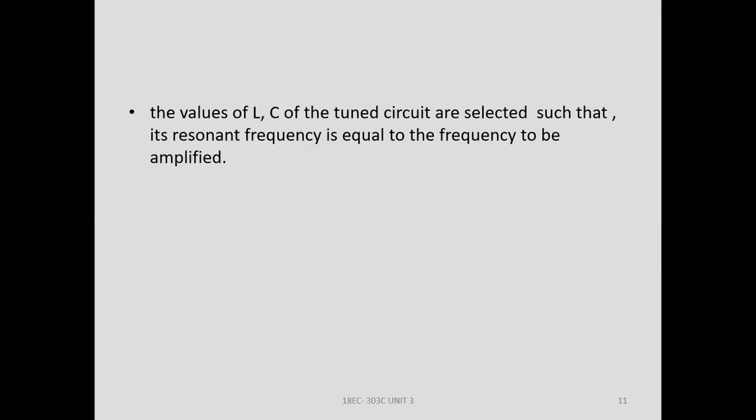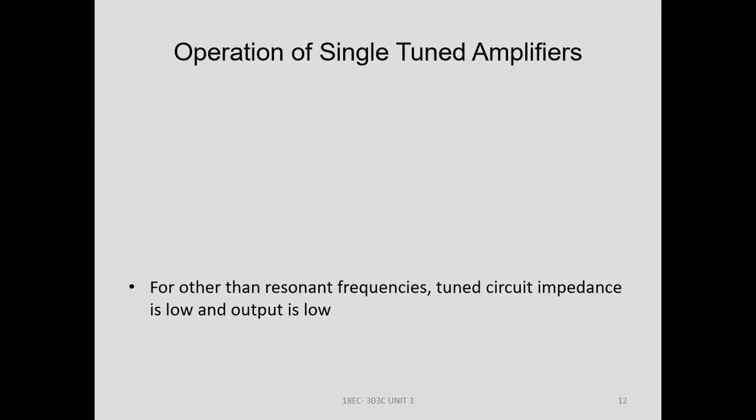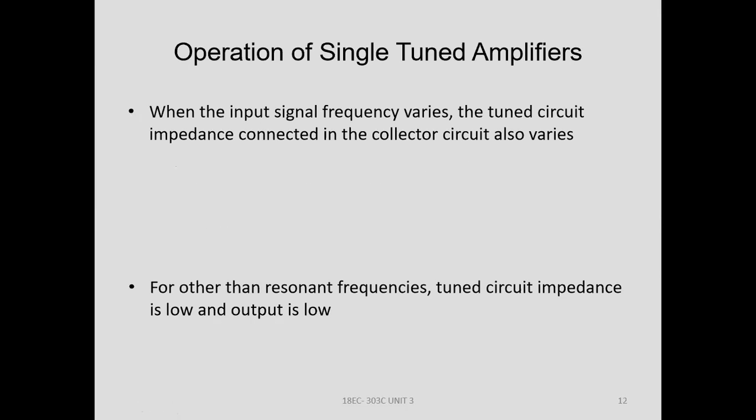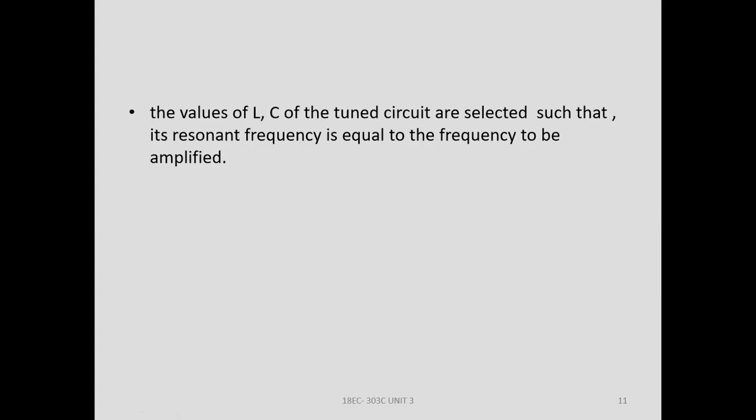For a tuning circuit, there will be a resonant frequency. What does resonant frequency mean? At resonant frequency, XL is equal to XC. The reactance of the inductance is equal to the reactance of the capacitor at resonant frequency.